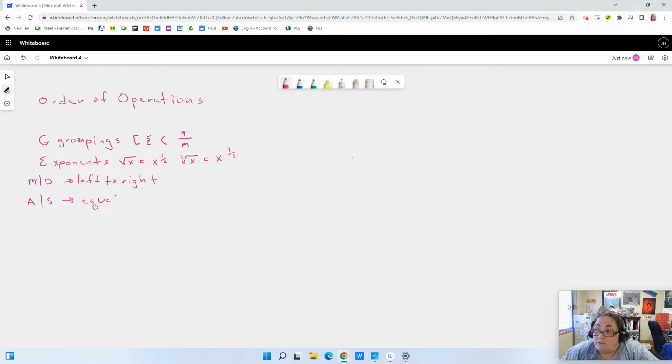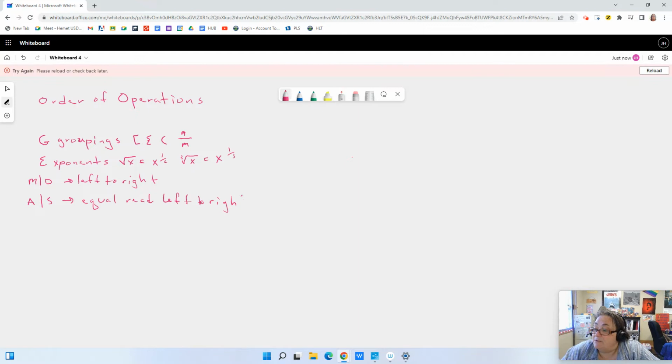Equal, read left to right. My handwriting is terrible on this whiteboard. I've got to do something about that. So does that make some sense to you? Because we're going to play with some of these a little bit so that you can kind of see how they solve out and how we would read them.